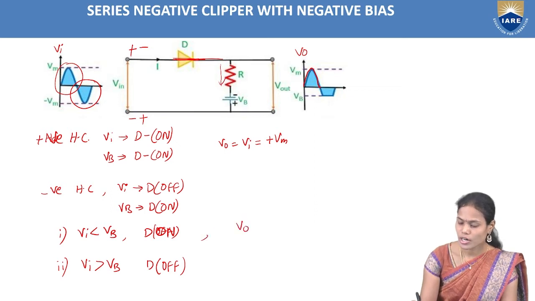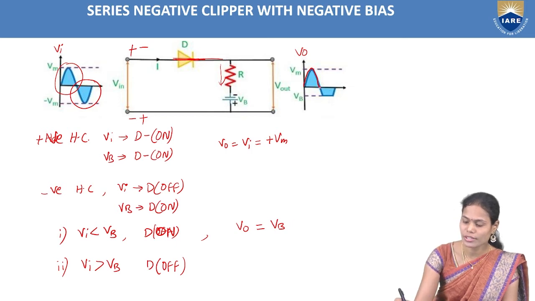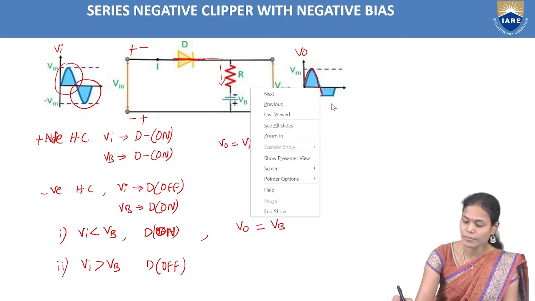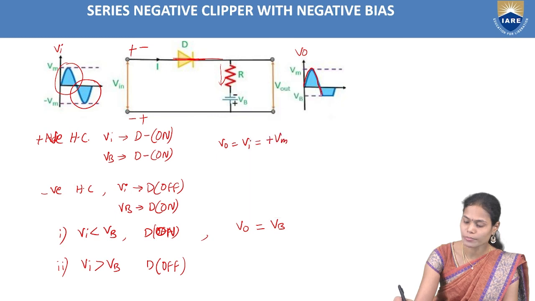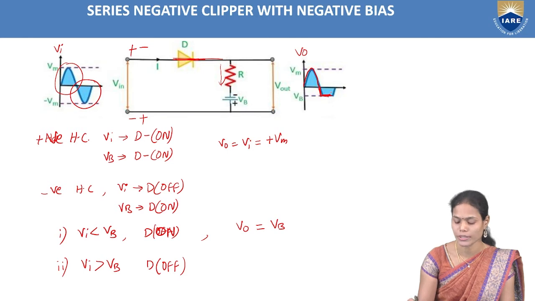In this case, the output voltage is VB, whatever VB voltage we are providing. That's why for the negative half cycle, till Vi is less than VB, the output is VB, and it maintains the VB voltage across the output.